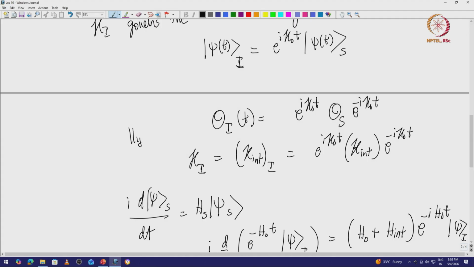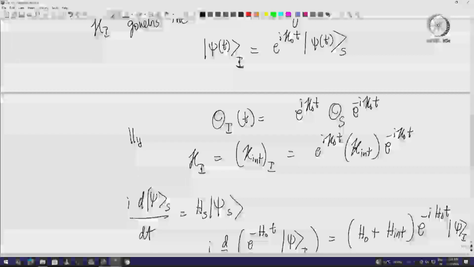H interaction is different from H_I. H interaction in the interaction picture is also modified by e power i H0 t with the free Hamiltonian here. So this is important.